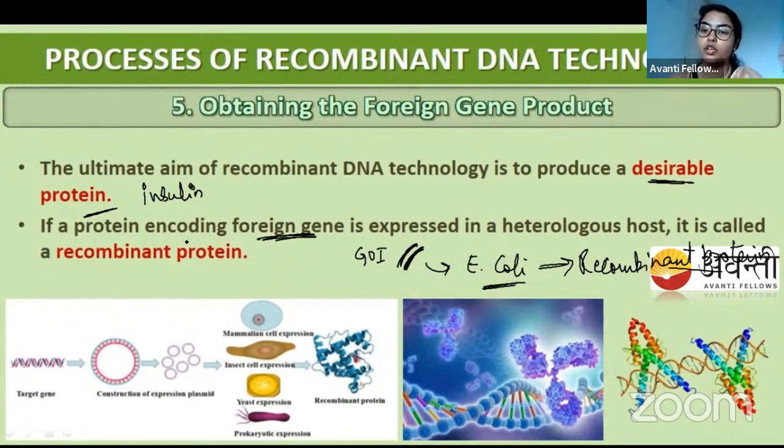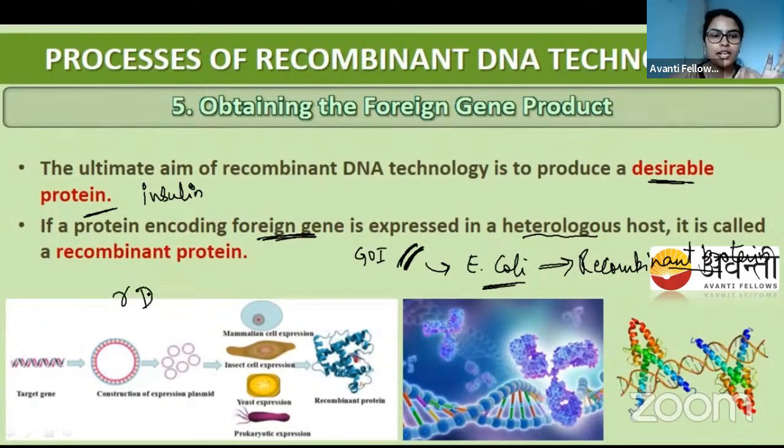Which protein encoding information is it? Insulin. So what did we do with that gene? We put it in the host. So ultimately the host's original protein is not this. If it were the original protein, we would not use a heterologous host here. So the host naturally does not produce this insulin protein or recombinant protein. It is producing because you have inserted the gene of interest inside the host. That is why it has attained the ability. Now the host can produce the protein. That protein is the recombinant protein.